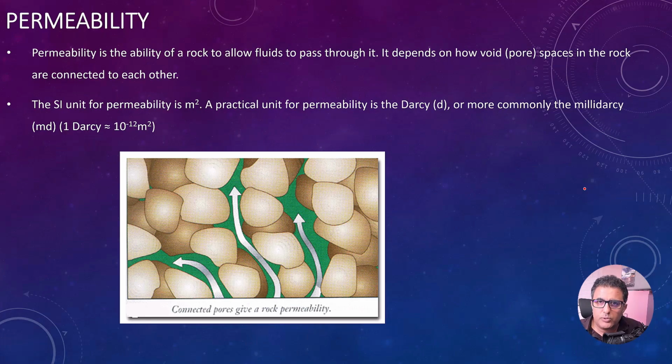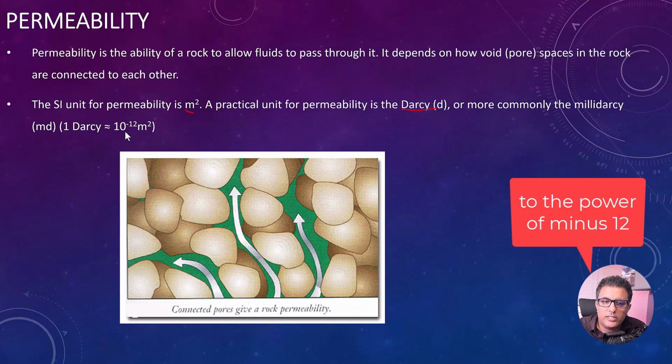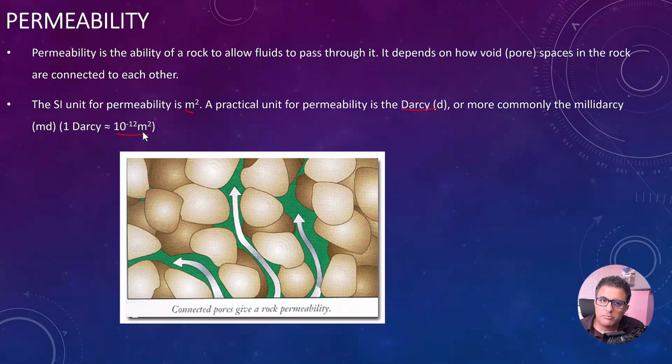Again, permeability is important because we are not able to produce oil and gas from a reservoir unless the reservoir is permeable. The more permeable the reservoir is, the better production we are going to have. The SI unit for permeability is the square meter, but in oil and gas, and also other fields such as hydrology and fluid dynamics, we usually use the Darcy. One Darcy is equal to 10 to the power of minus 12 square meters.